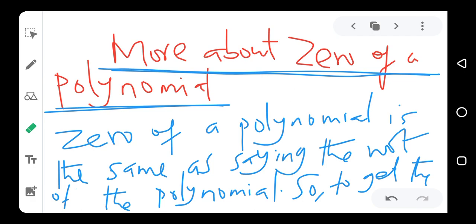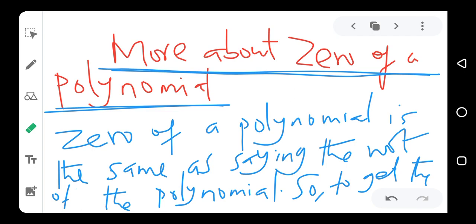Sometimes they will give you the roots and ask you to verify if they are the zeros of the polynomial. What it means is that you should put the root given to you into the polynomial to see if it will give you 0. If it gives you 0, it means that it is actually the true root of that polynomial, or zero of the polynomial.